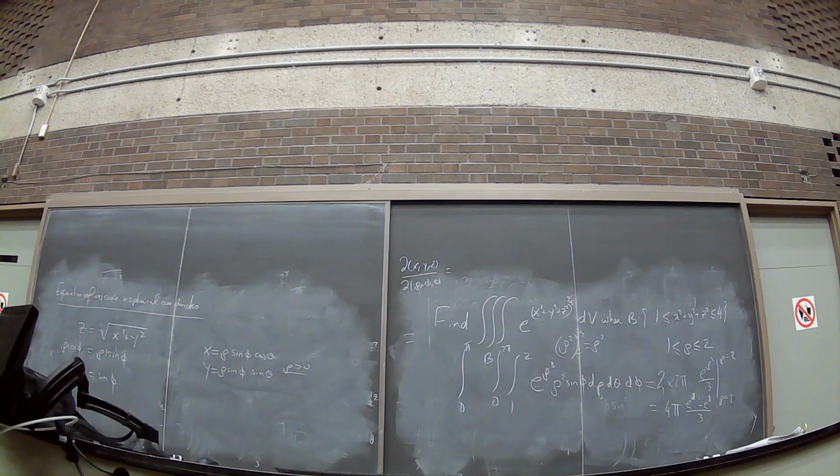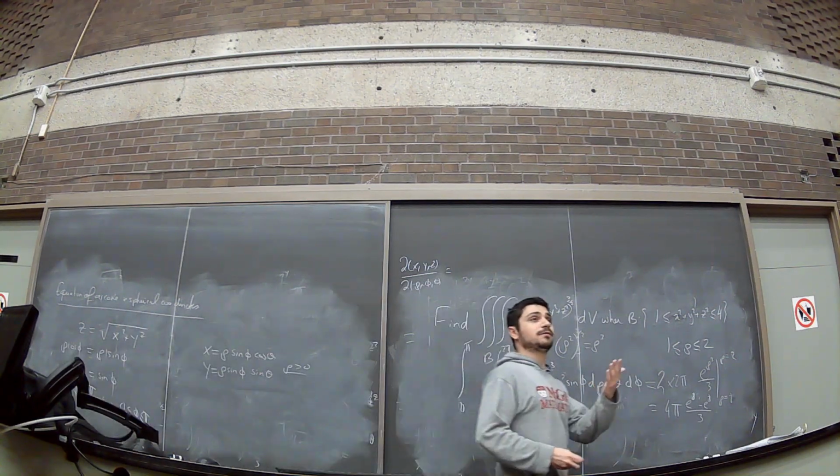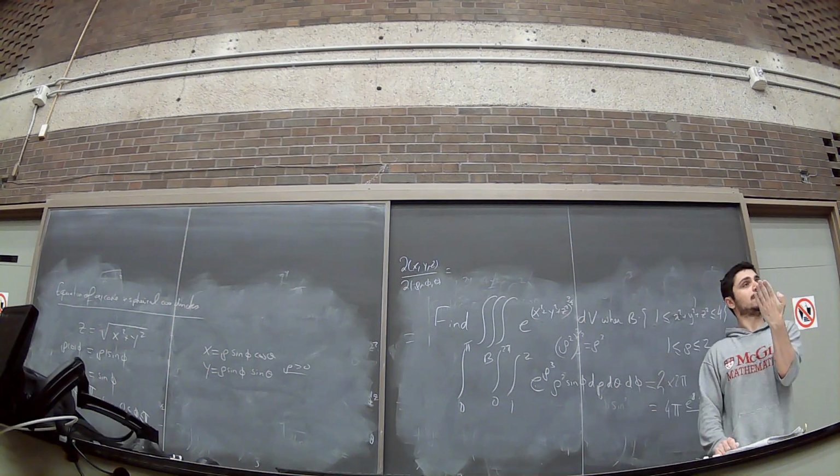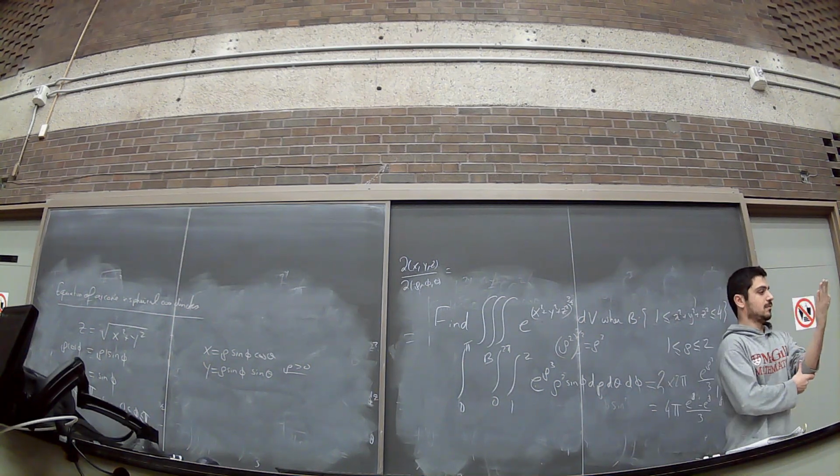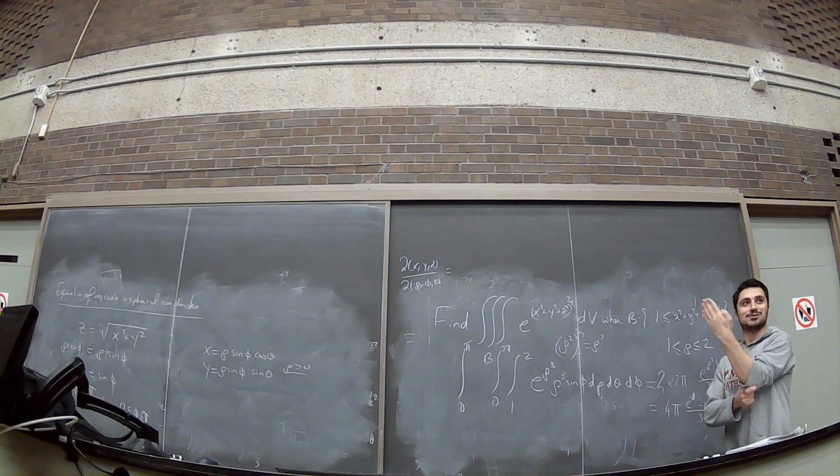Now, if an angle is from 0 to pi, and its cos is equal to its sine, what is this angle? Pi over 4. So really, a cone is just phi equal to pi over 4. This is a cone. You see that?